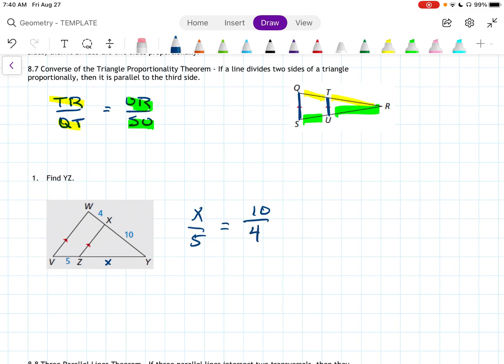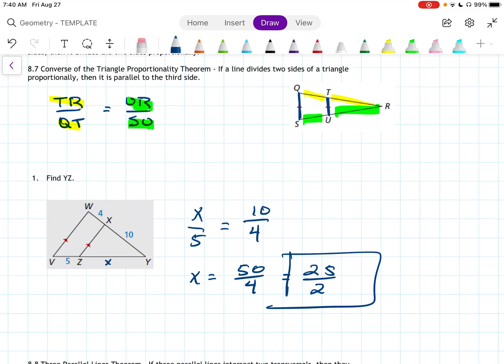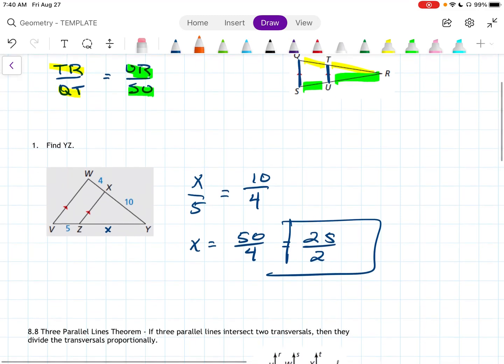Whenever I multiply by 5, I get X equals 50 over 4, which is 25 over 2. There we are. If we wanted to write it back in terms of the problem, we could say YZ equals 25 halves.